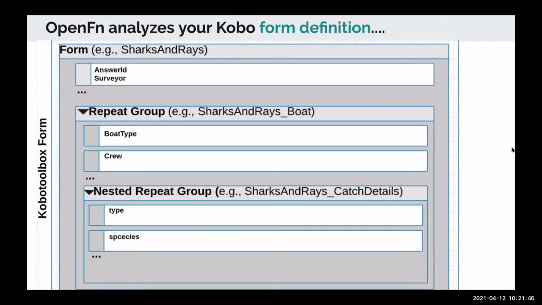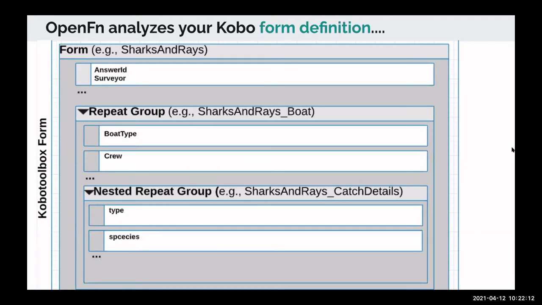Your first group of answers might be, for boat 1, it was a dhow boat, and we had 2 crew members on board, and for that boat we caught these types of sharks. For boat 2, the second boat you're capturing information on, you'll repeat that group of questions and collect more information on that boat.